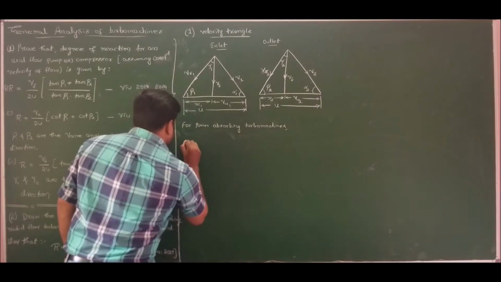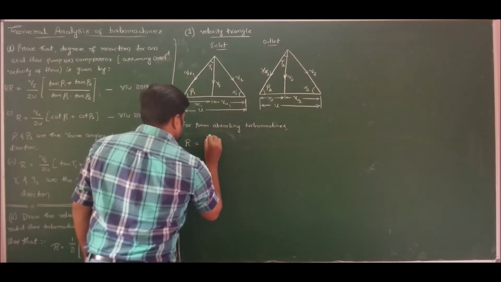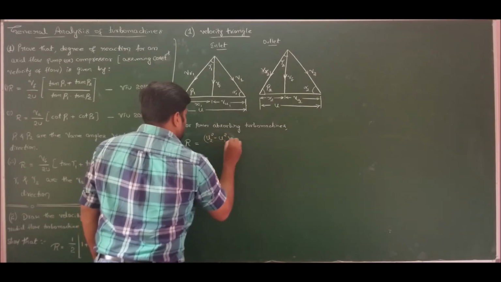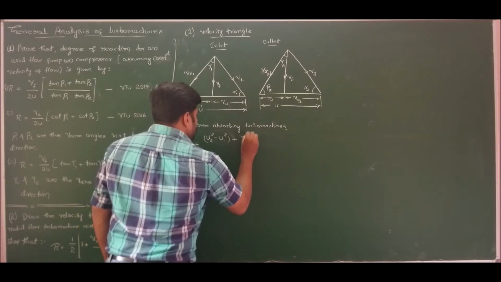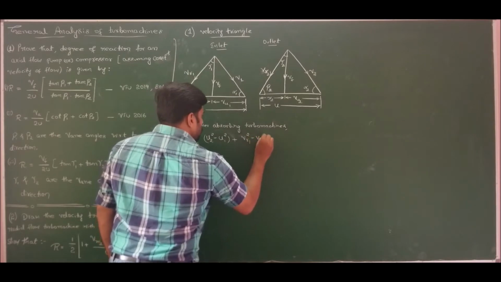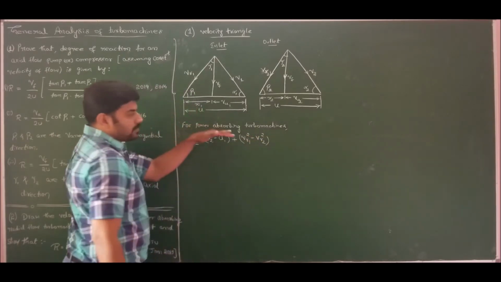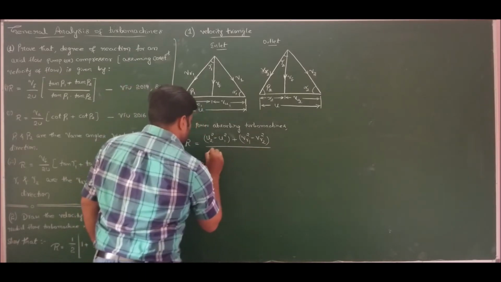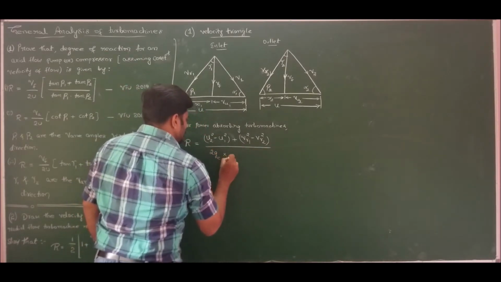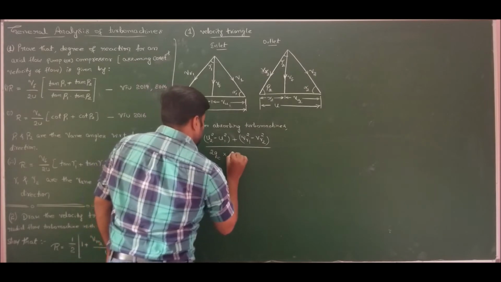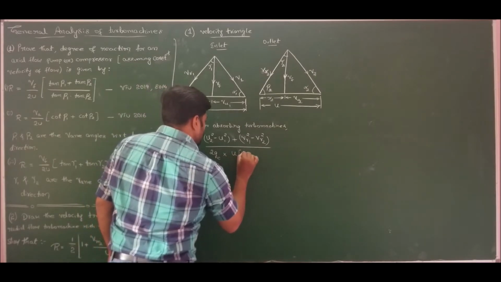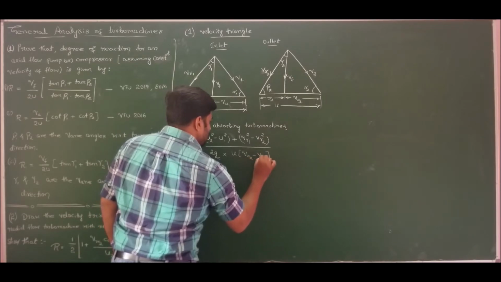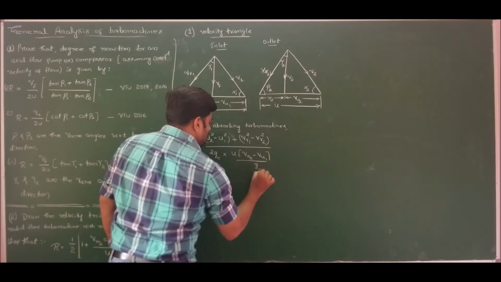Degree of reaction R is equal to U2 square minus U1 square plus Vr1 square minus Vr2 square, because we are doing it for power absorbing turbo machines I should interchange the terms, divided by 2gc into work done per kg. I can write it as U(Vu2 minus Vu1) by gc.